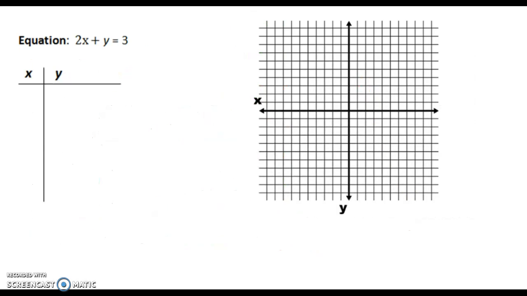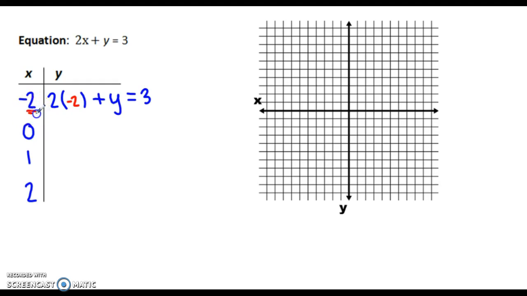Taking a look at the next one, I'm going to plug in -2. Let's plug in 0, 1, and 2, just because I picked those points. So 2 times something plus y equals 3. If I leave it like this, I'm just going to do a little bit more work here.